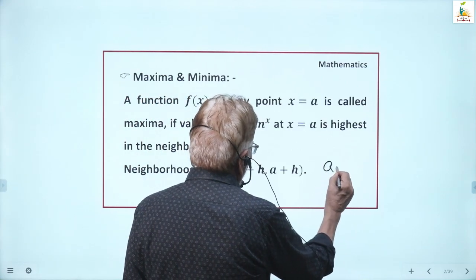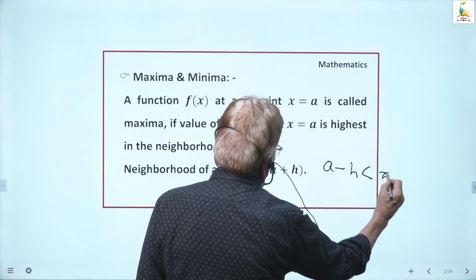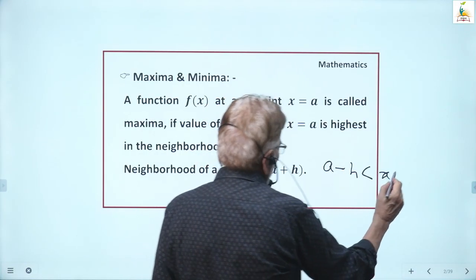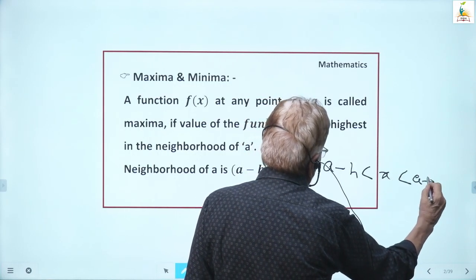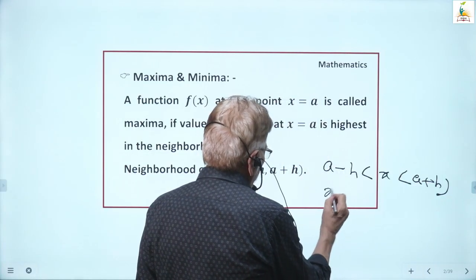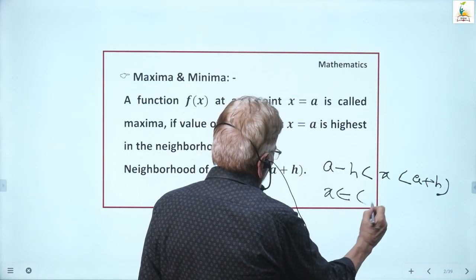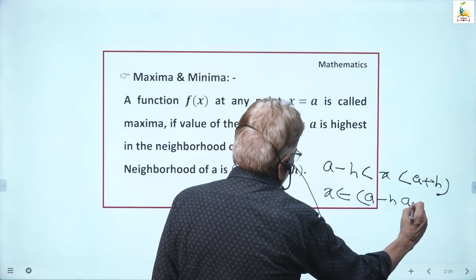It means a minus h is less than x, which is less than a plus h. Then we say that x belongs to the open interval (a minus h, a plus h).